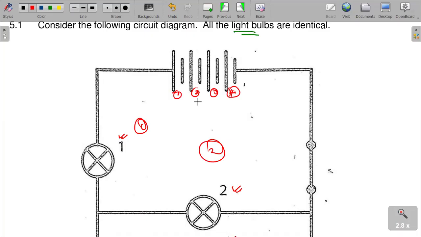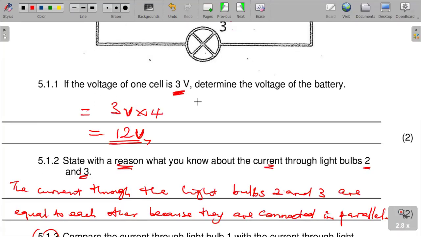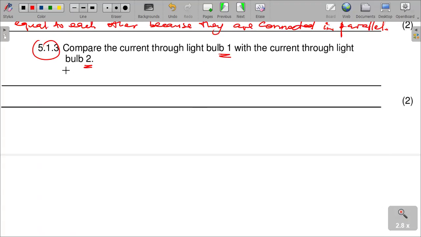The current through light bulb 1 is higher than the current in light bulb 2. Light bulb 1 is higher.